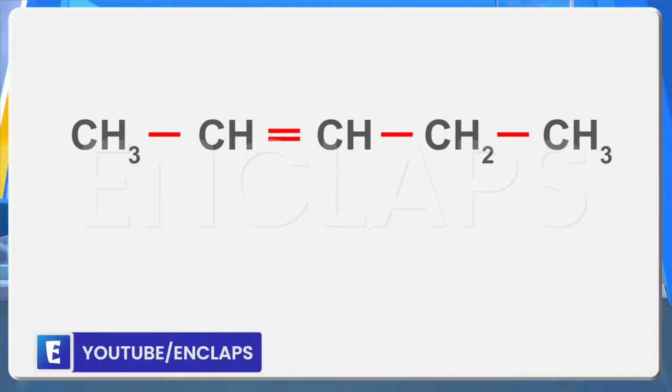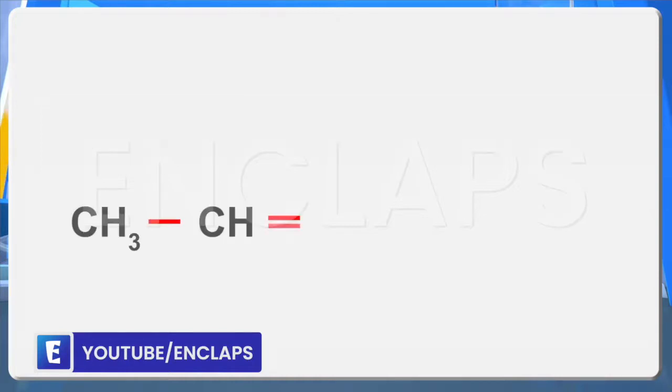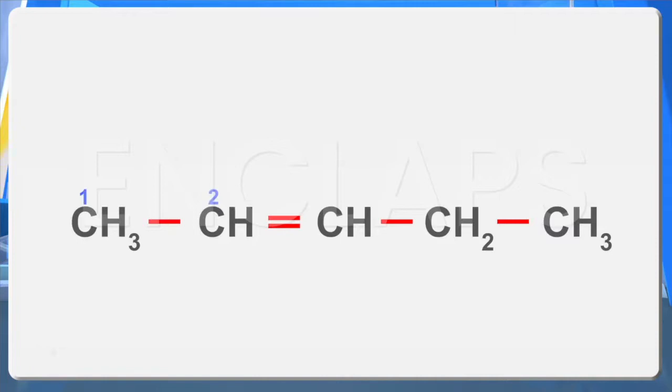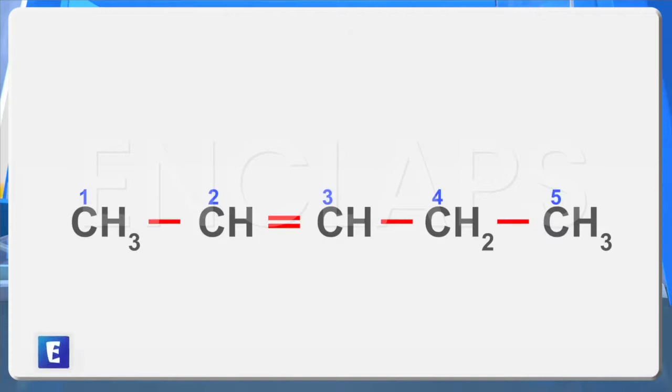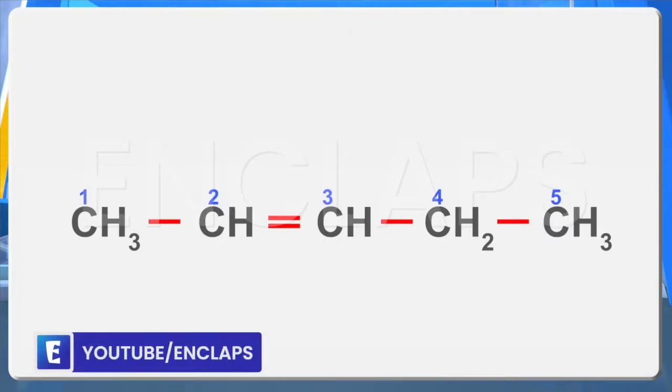In this compound, the main chain contains 5 carbon atoms, right? So when we number from left to right, 1, 2, 3, 4, 5, the first double bonded carbon atom gets the number 2.